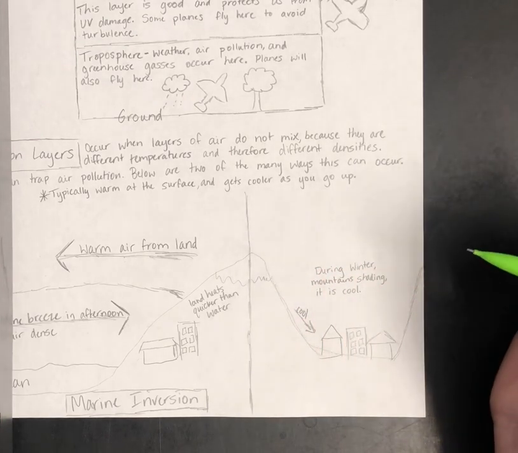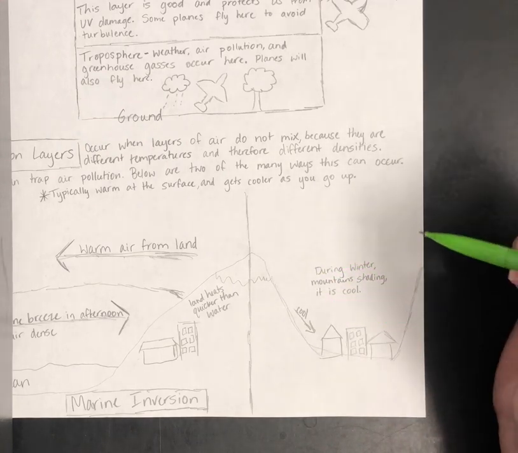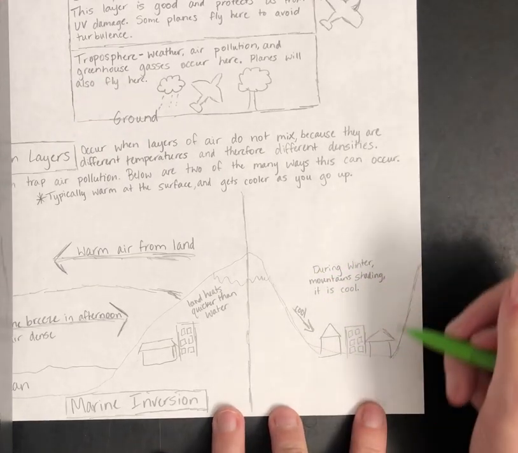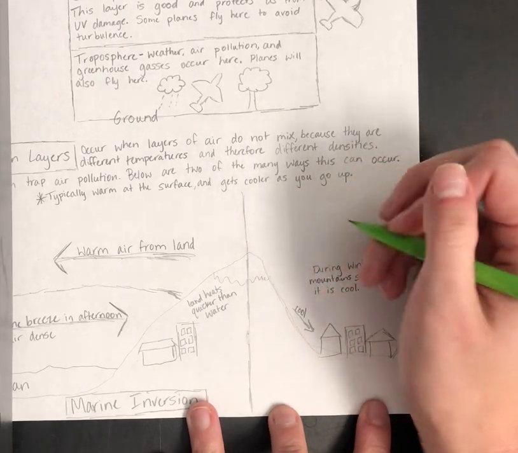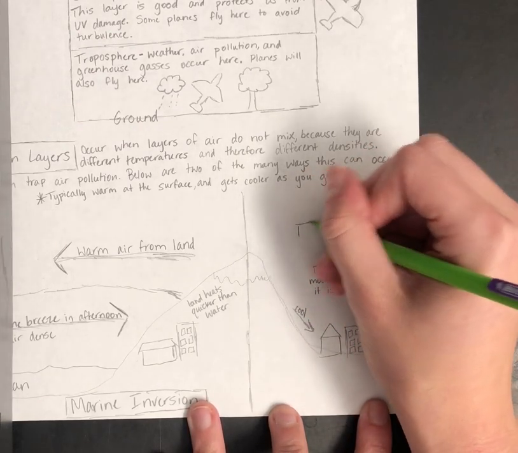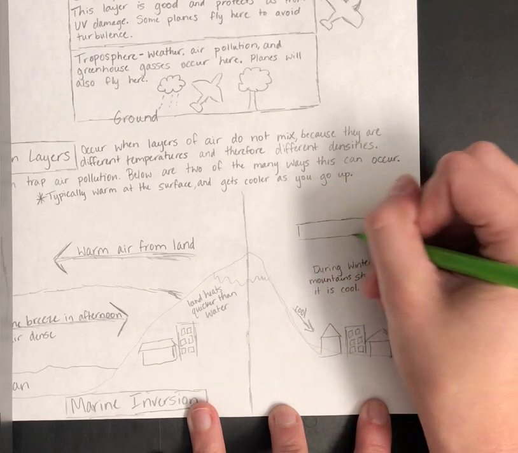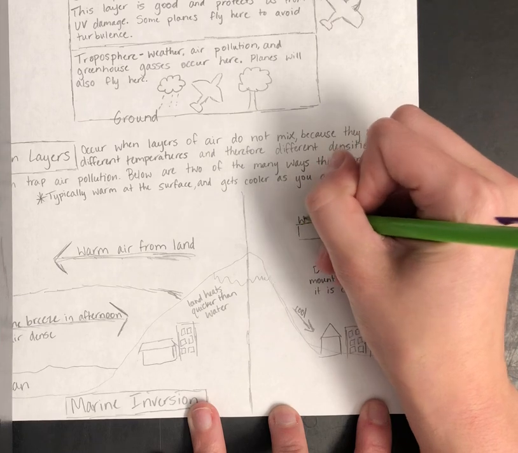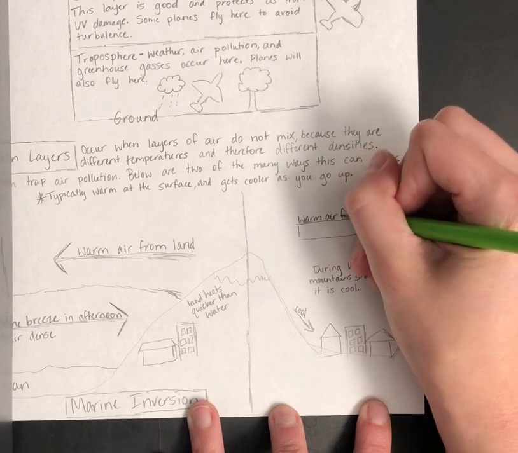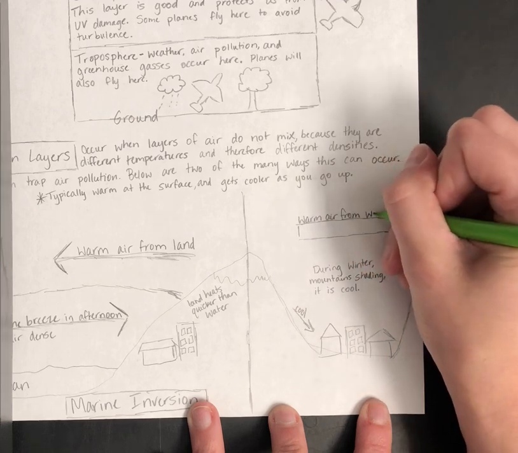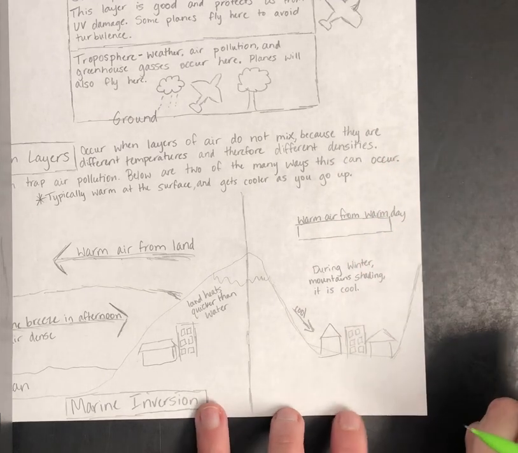So what happens if we have a warm day, the cool air is still more dense. So if a warm day comes through, then we'll have a block here, warm air from the warm day. Okay.